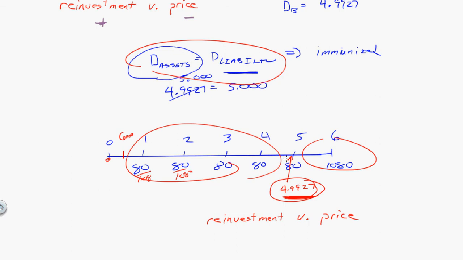What's happened to the duration of the GIC, the liability? It's shorter. So duration changes with time and with yield to maturity, so you can never be perfectly hedged. You have to constantly rebalance. And that decision to rebalance is going to be one of how much it costs you to rebalance versus how much you benefit from reducing the risk.